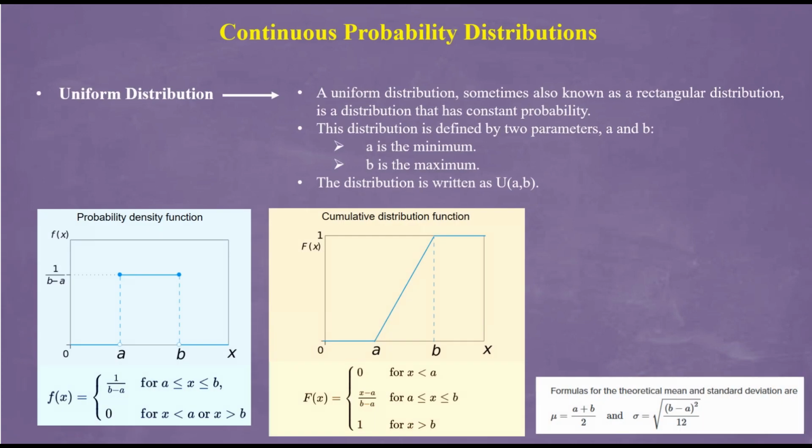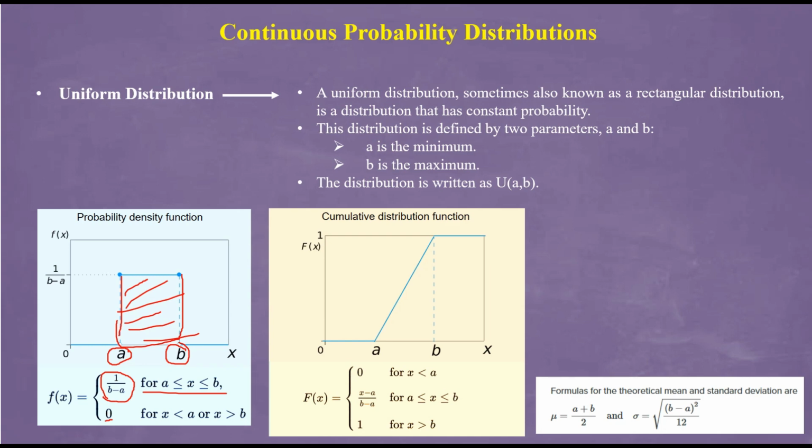You can see that on the x-axis you have A, the minimum value, and B, the maximum value. And this is your uniform distribution in the form of a rectangle, right? The probability density function for uniform distribution is 1 upon B minus A, maximum value minus minimum value, for all the values between A to B and 0 otherwise.